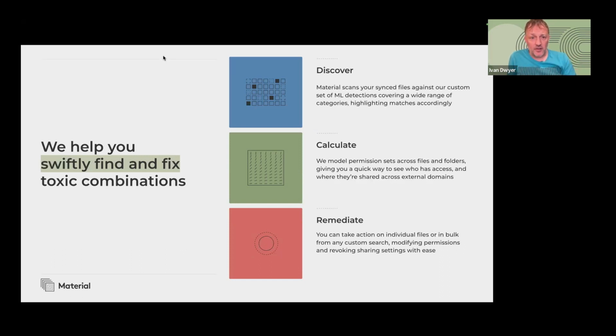We are actually building out the data model of not just file metadata, but the actual contents themselves. And so when we look at documents or spreadsheets or slide decks, PDFs or images, we're actually looking at the contents themselves. So we can be a little bit more precise on the nature of what's inside.